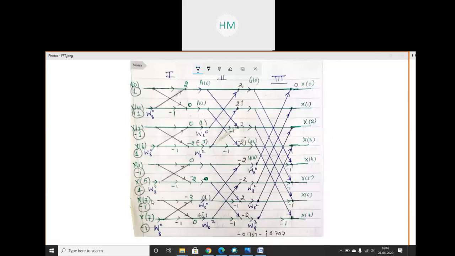Next answer. x3. Calculate all the values.